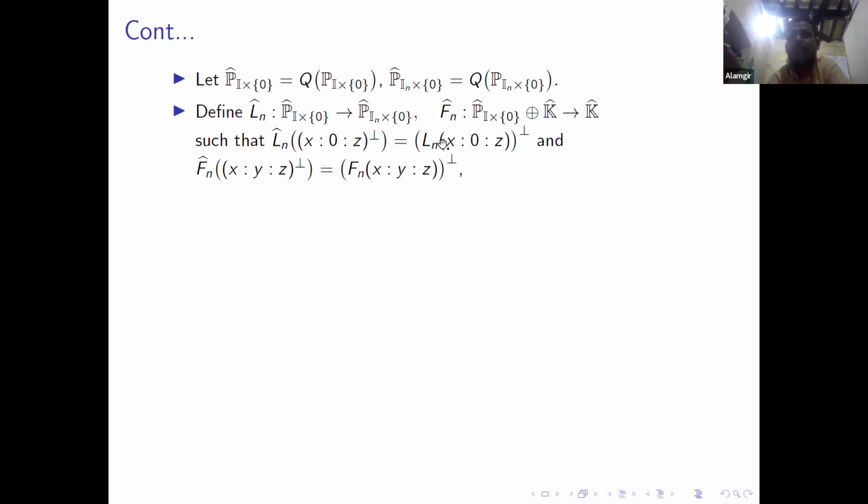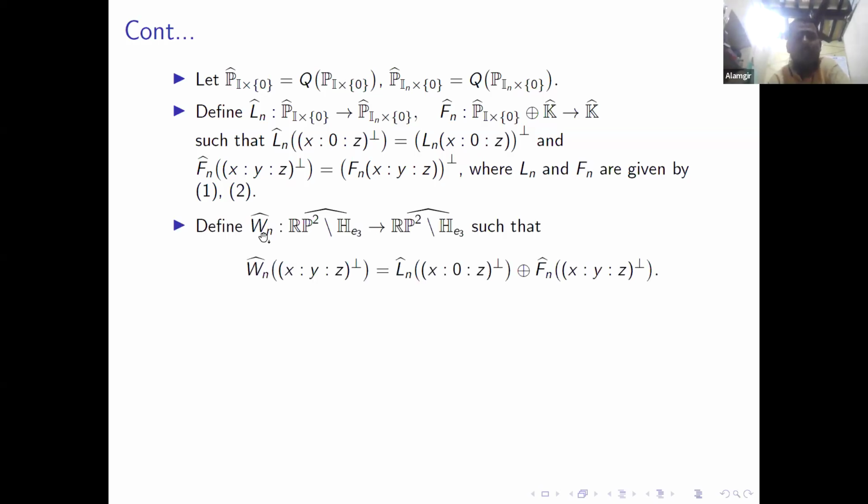If you consider the image Ln x0z, and then we take the corresponding hyperplane, this is how we have defined it. Similarly, we define Fn hat as the hyperplane where Fn x, y, z is the normal to that hyperplane. Ln and Fn are given, and we have already defined Ln and Fn for the non-affine case. And Wn is also defined like this, by just taking the addition on that dual space.